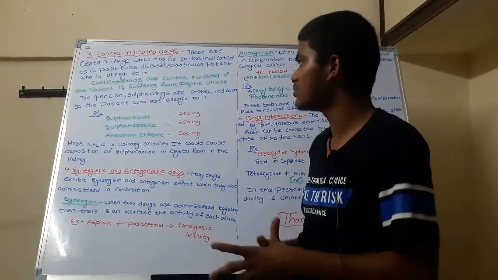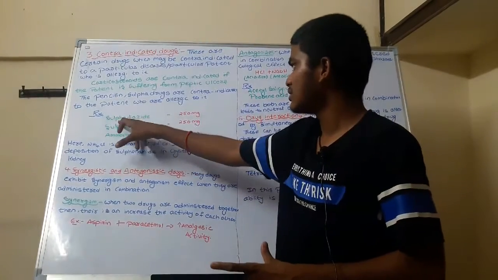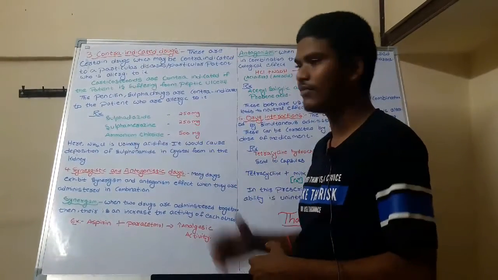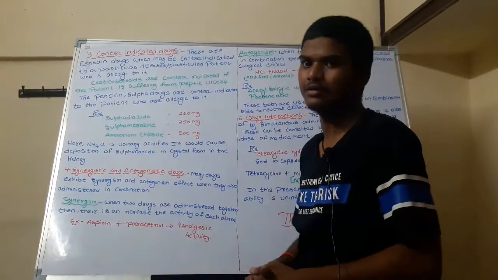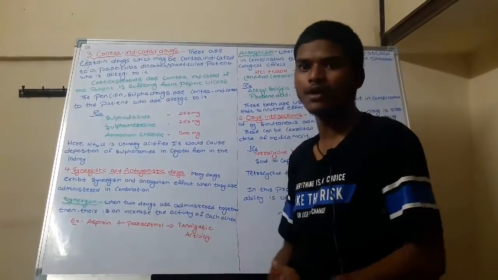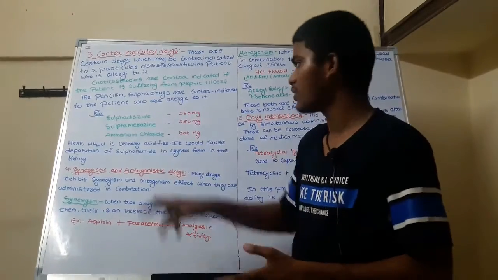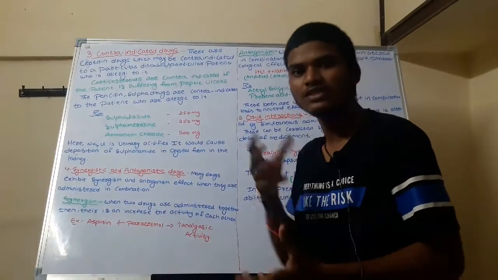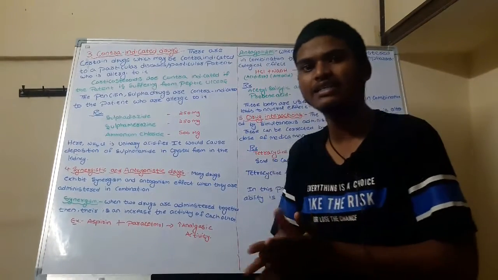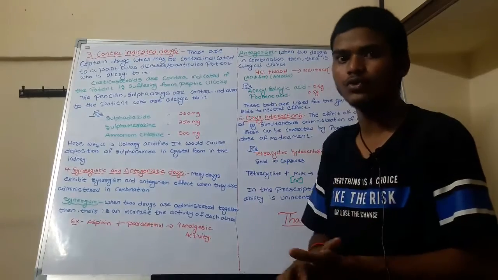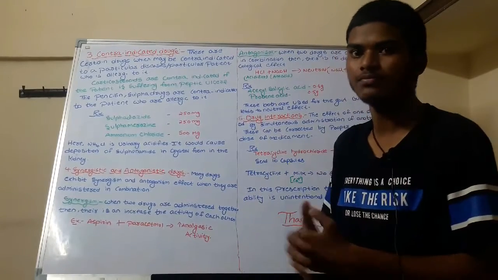Now here is a sample prescription. Sulfadiazine 250 mg, sulfamerazine 250 mg, ammonium chloride 500 mg. Here, ammonium chloride is a urinary acidifier, which decreases the pH of urine.